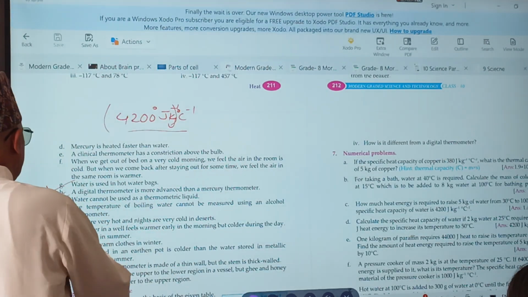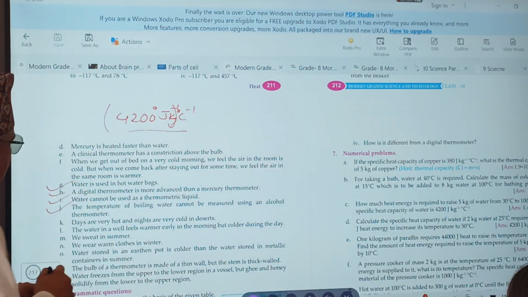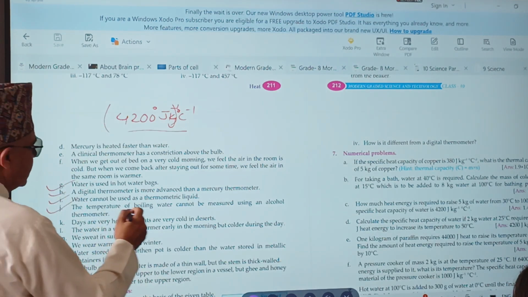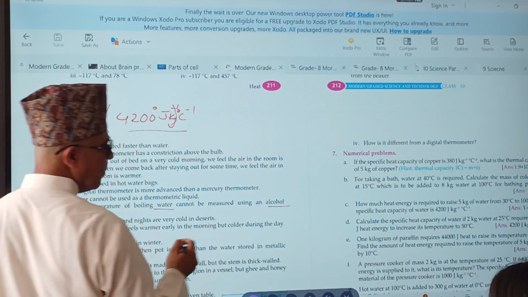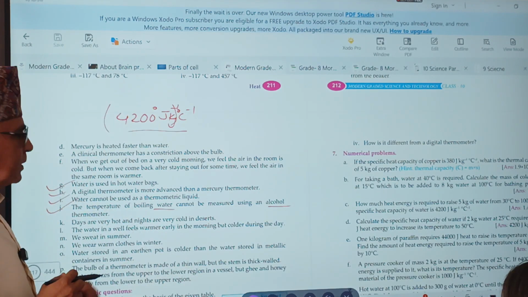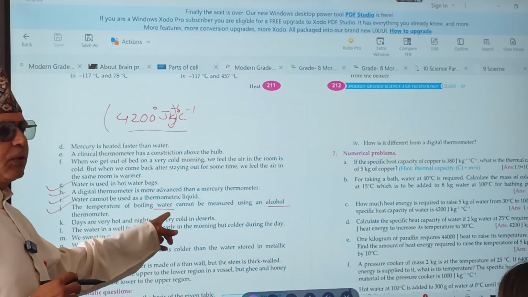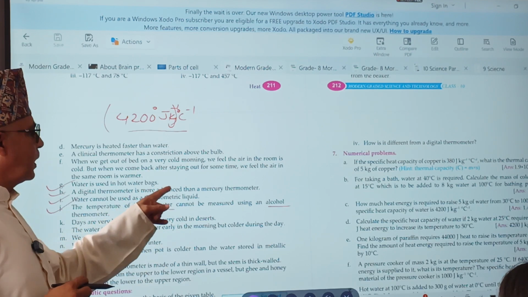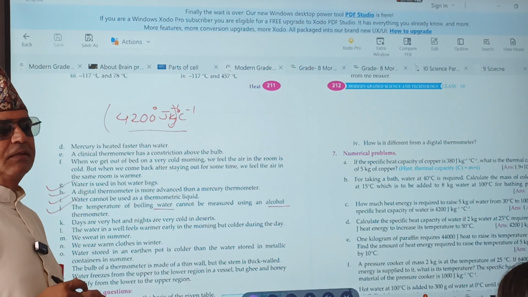Right? Number J. The temperature of boiling water cannot be measured using an alcohol thermometer. Here is given water, here is alcohol. The boiling point of water is 100 degrees centigrade. The boiling point of alcohol is 78 degrees centigrade.